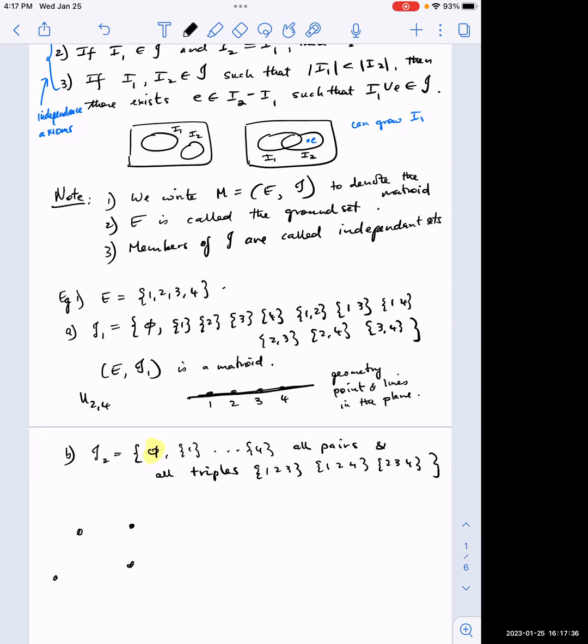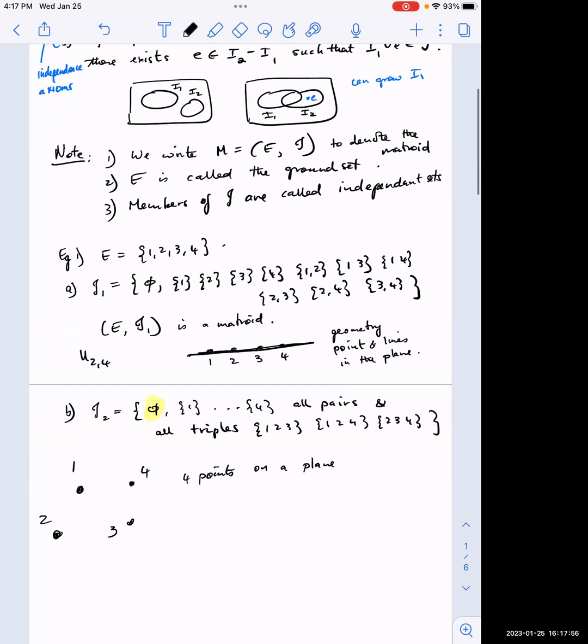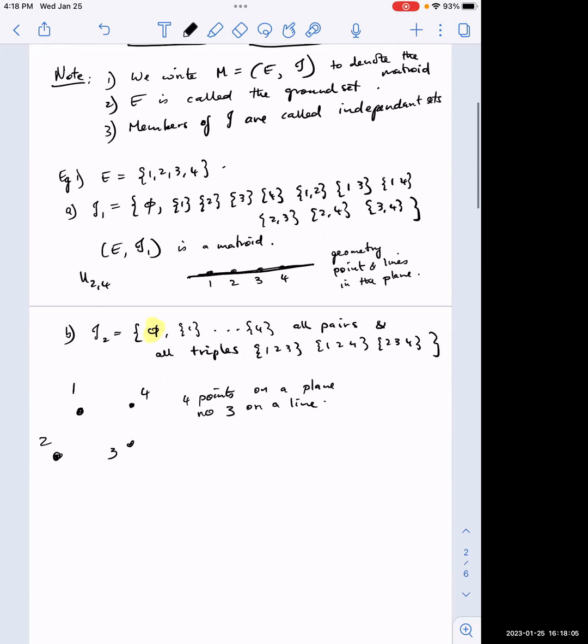So in this case, one way of visualizing this could be 1, 2, 3, 4. 4 points scattered on the plane, no 3 on a line. So you pick any 3 points, they determine the plane, and that's the concept of independence here.